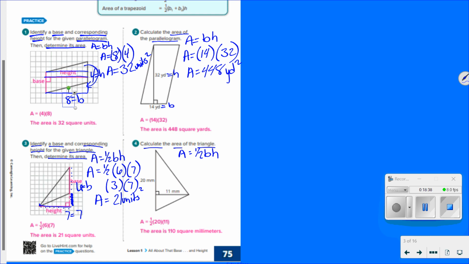So which one's going to be my base? I've got 20 and 11. Which one's going to be my base? 20? You want to do 20? Okay. So 20 is going to be my base. My height is going to be 11.